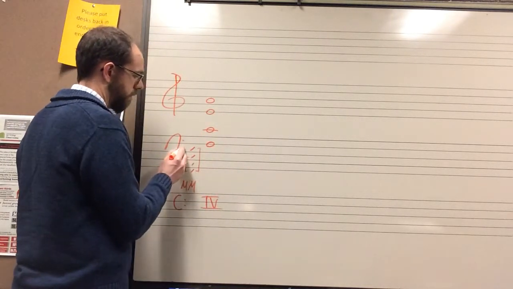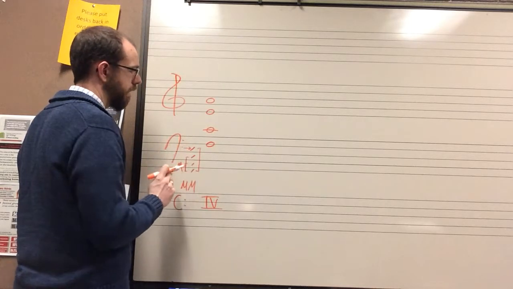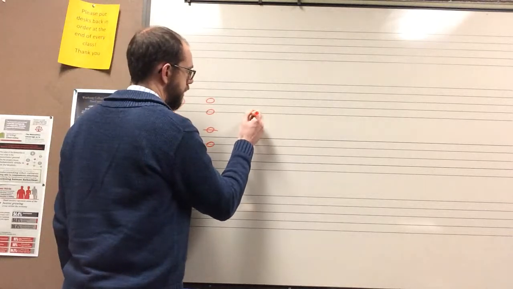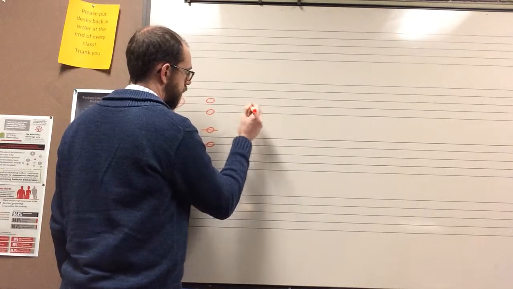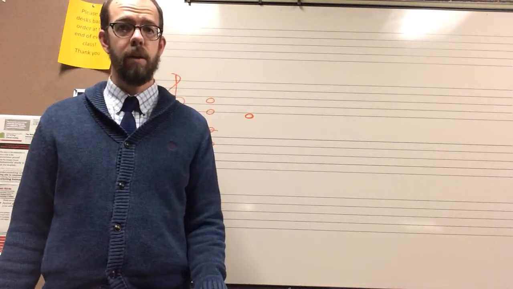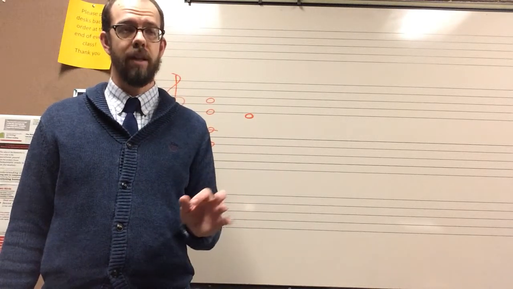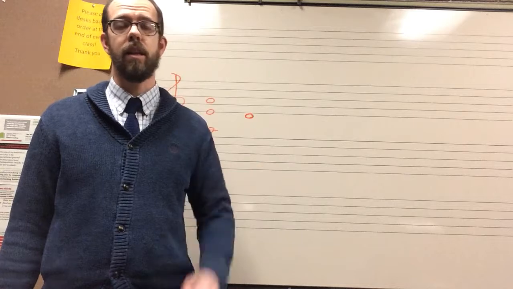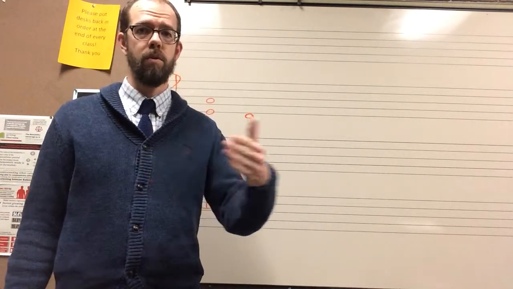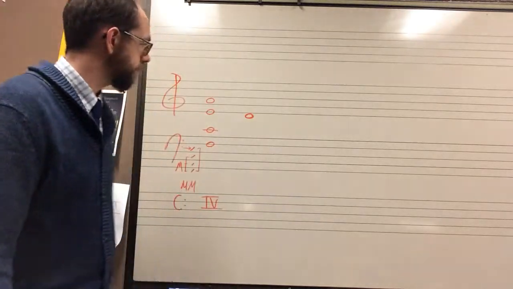The 7th of the chord, right here, this E, is going to resolve downward by step to a D. So the chord of resolution, by default, is required to have a D in it. That limits the possibilities for where a 4 chord can resolve.